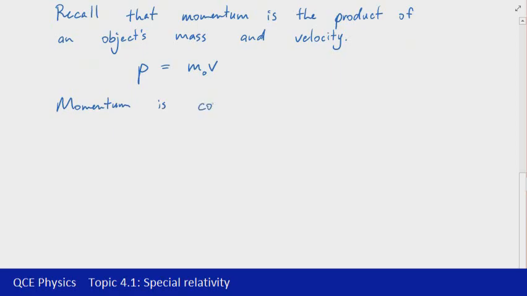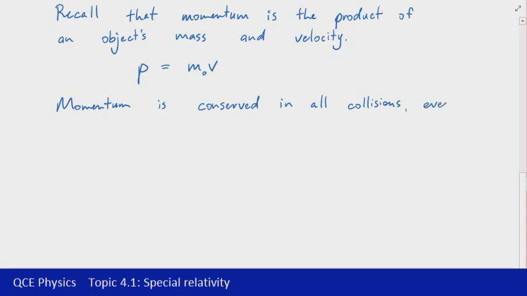Before we do that, let's just first of all identify that momentum is always conserved in all collisions. That means if we know the velocities of an object before and after a collision, we can then actually calculate its mass based on the way that it's interacted with other objects in that collision. So that's really where momentum starts to become useful, when we can look at what happens as it's transferred in collisions.